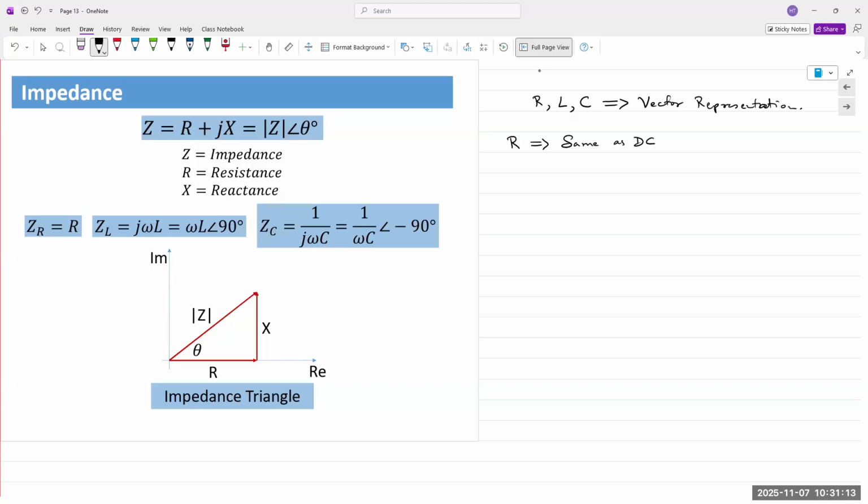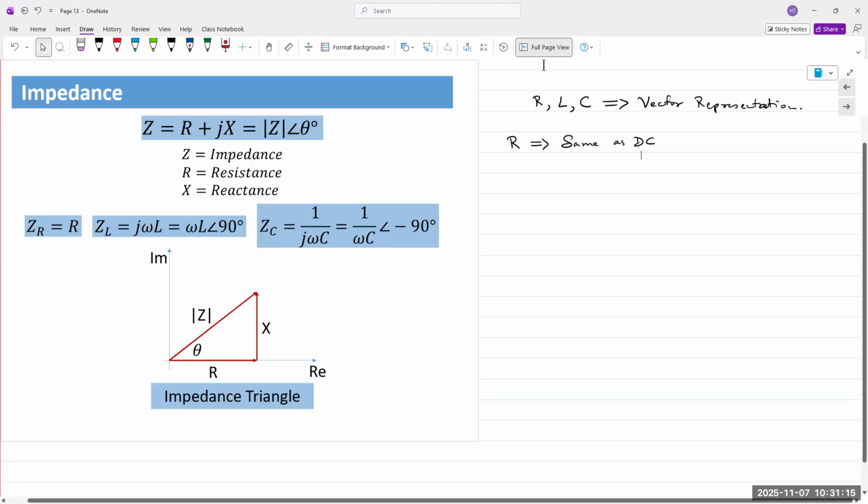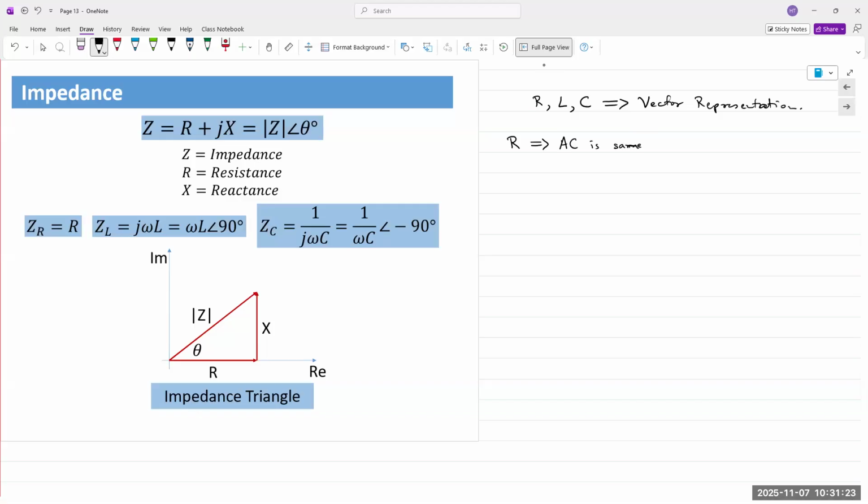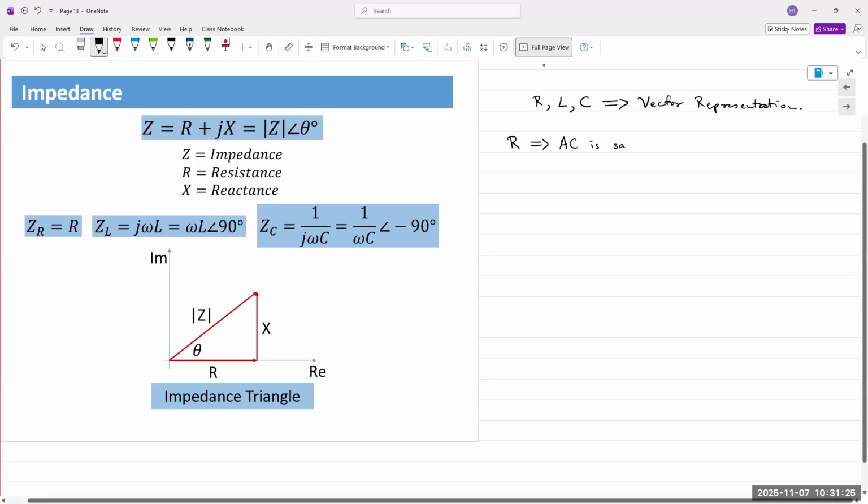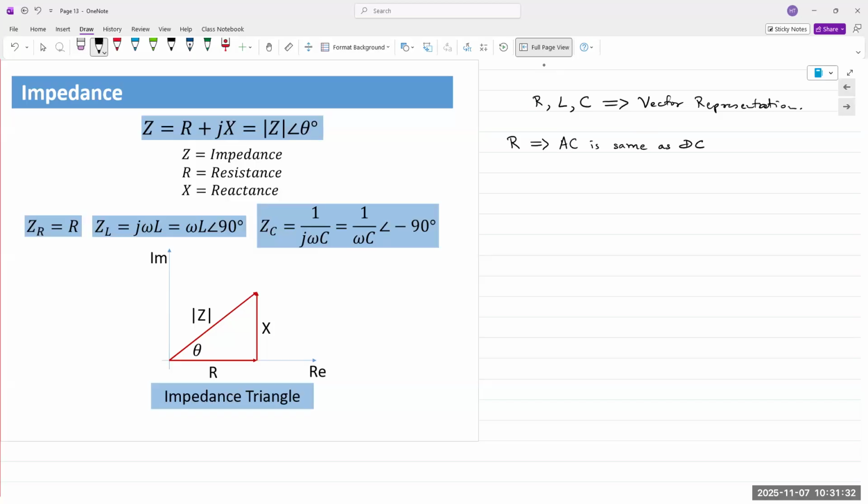AC representation is the same as DC. There is no change. A resistor is a resistor, it's R. Nothing changes.